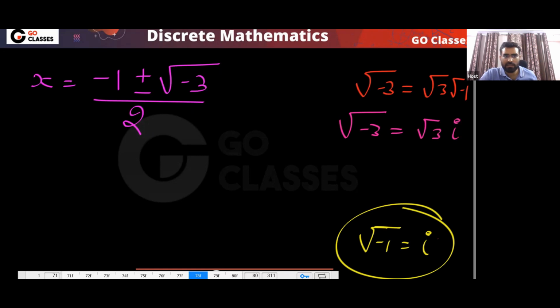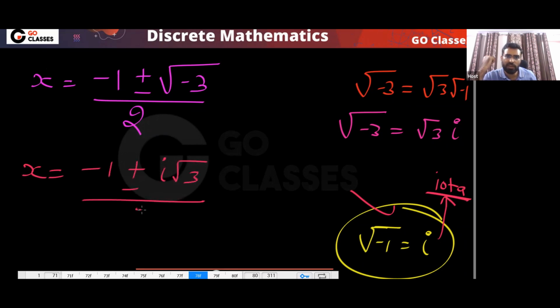Iota is the square root of minus 1. So from here, what I got is minus 1 plus minus iota root 3 divided by 2.